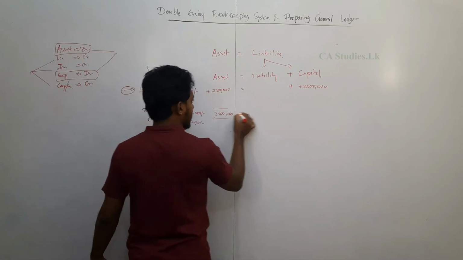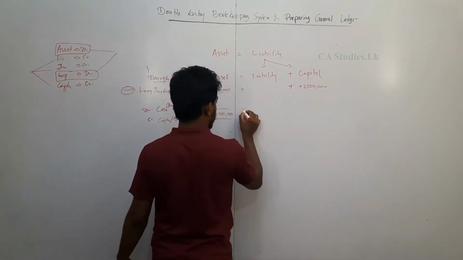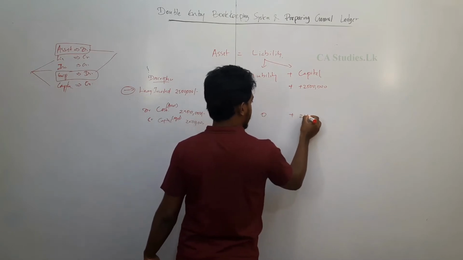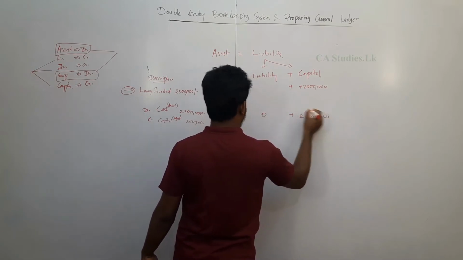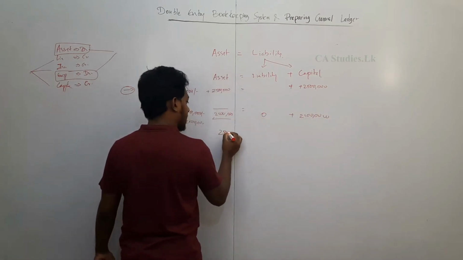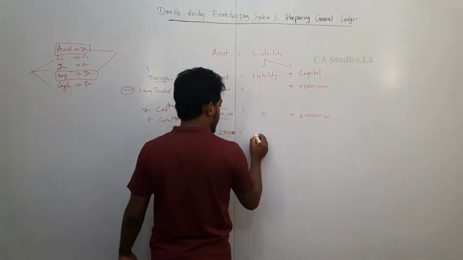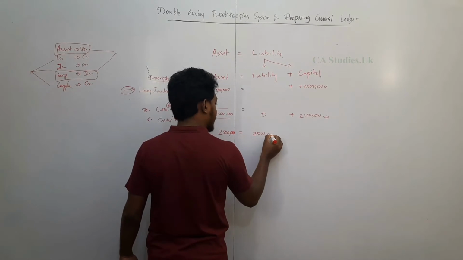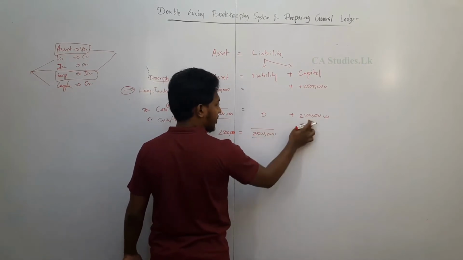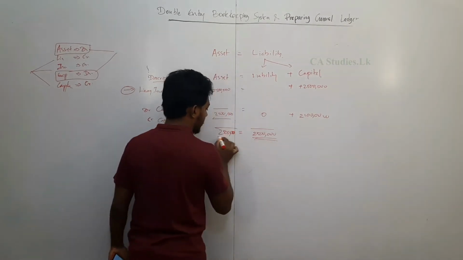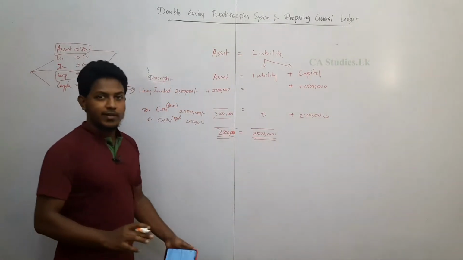Asset side also tallies. Here this total is 0, this total is 2.5 million, right? Always finish the accounting equation by giving only one figure, one item. It means if there is a 0 plus, please add this and put into one line, right? Now 2.5 million, 2.5 million equation.